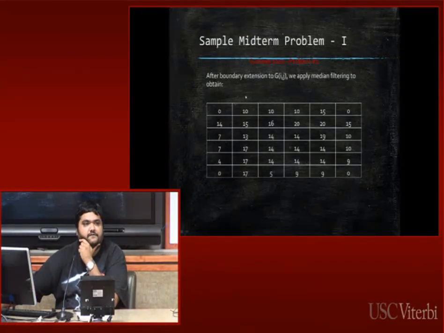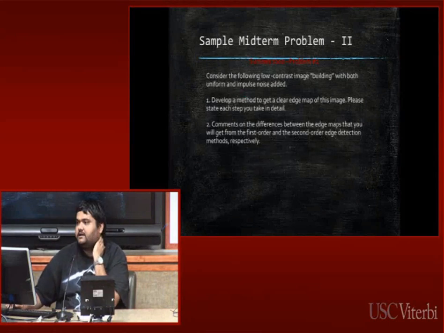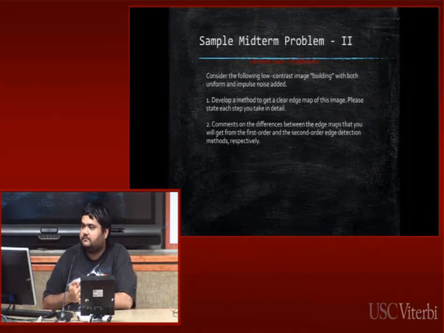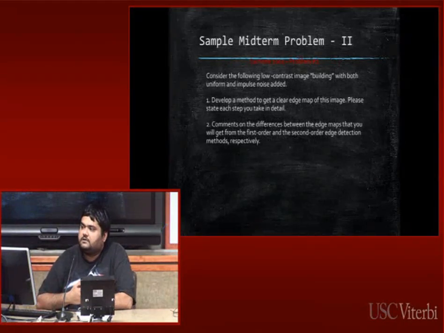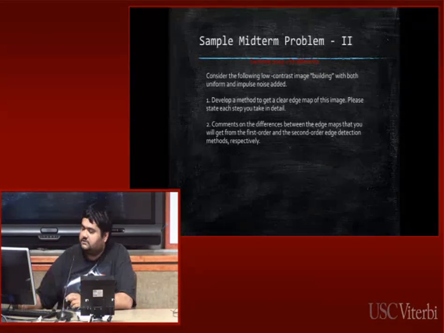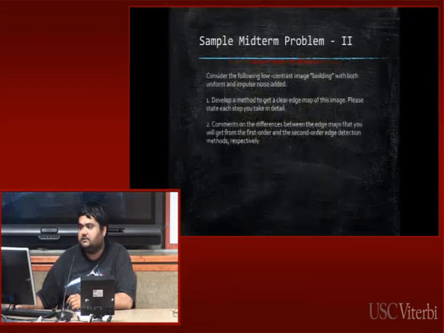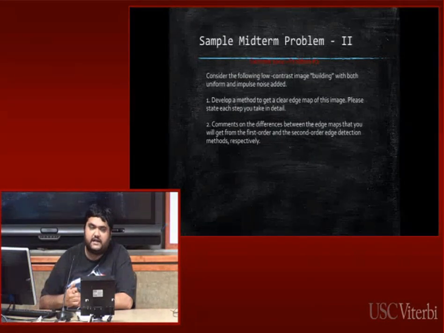Finally, you have to apply median filtering. This is another problem. You have a low contrast image. It has both gradient noise and salt and pepper noise. So you have to develop a method to get a clear edge map of this image.